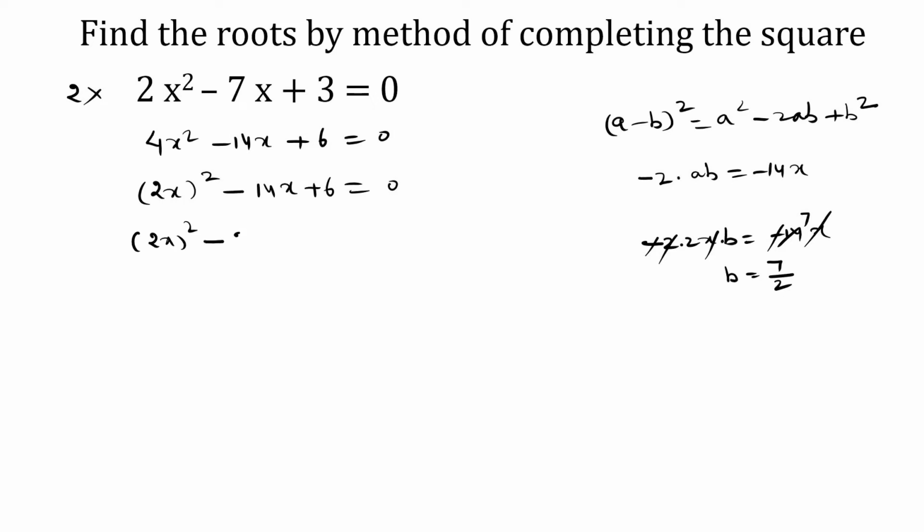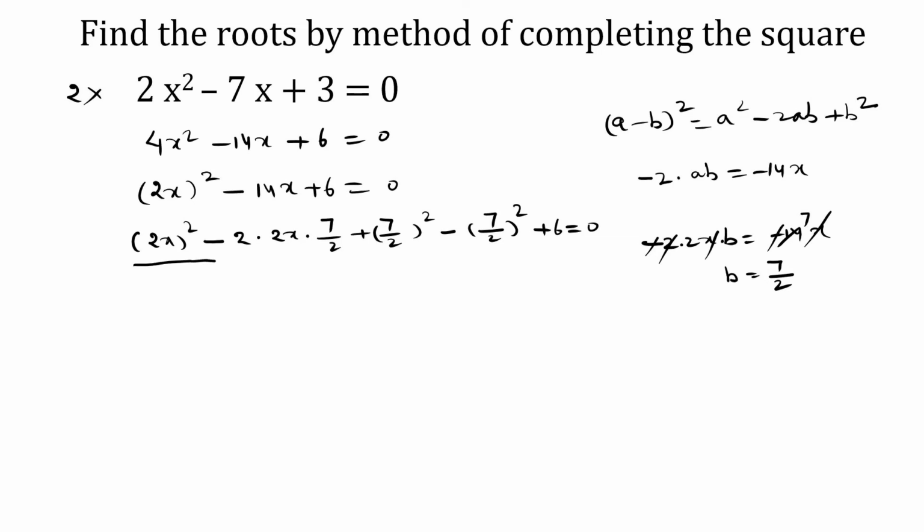Thus to convert given equation into a square form, we must add b square to this equation, that is 7 by 2 whole square, and since we are adding something, we will deduct the same thing again, minus 7 by 2 whole square plus 6 is equal to 0.